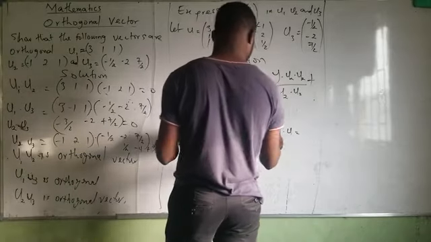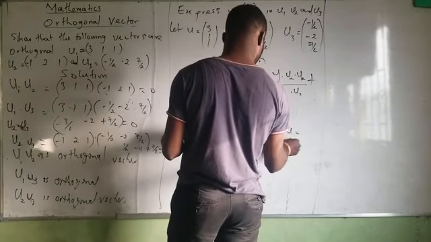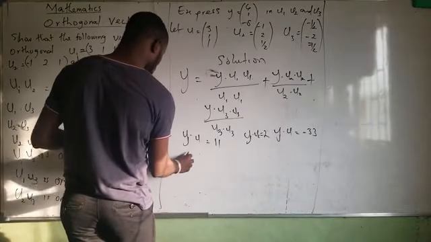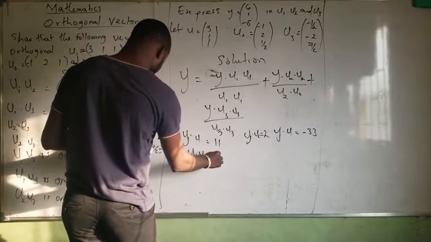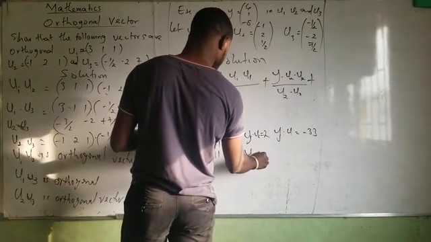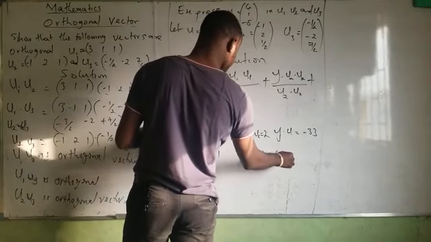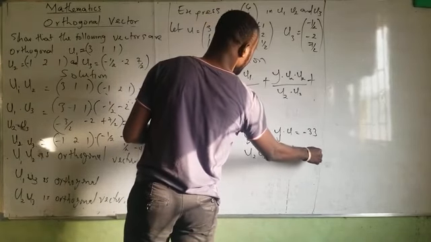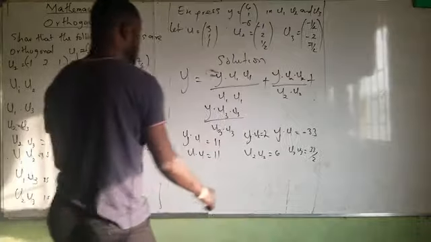Here will be minus 12. And here will be minus 33. And the other ones, u1 dot u1, it will be 11. u2 dot u2 will be 6. u3 dot u3, it will be 33/2. That is what we are going to have.